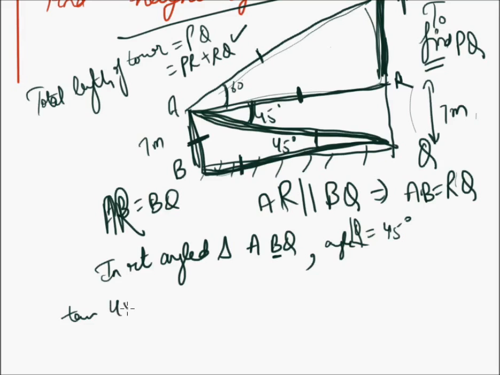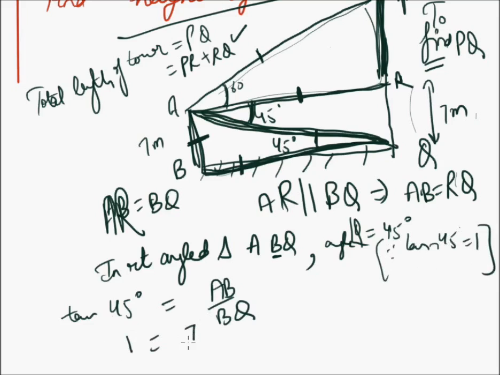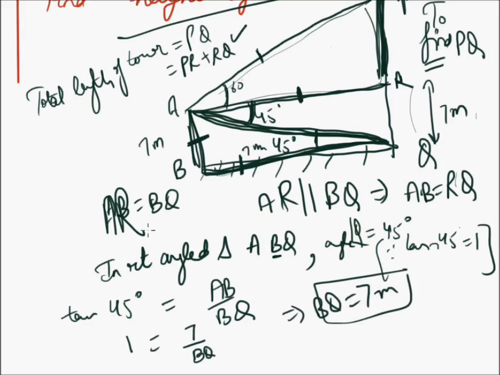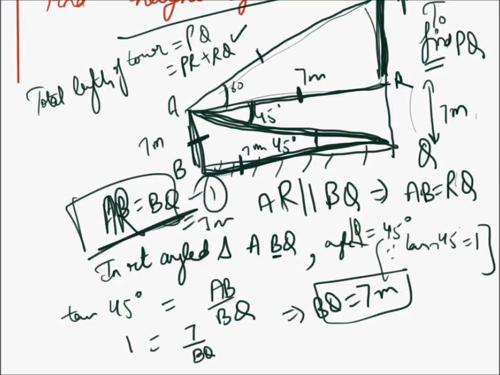So tangent of 45 degrees, since 45 is the angle over here, is AB over BQ. Now tangent 45 degree, my dear friends, is 1. So 1 equals AB, which is 7, over BQ, implies that BQ is nothing but 7 meters. So once BQ is 7 meter, then by this equation 1 we have AR equal to BQ as 7 meters.